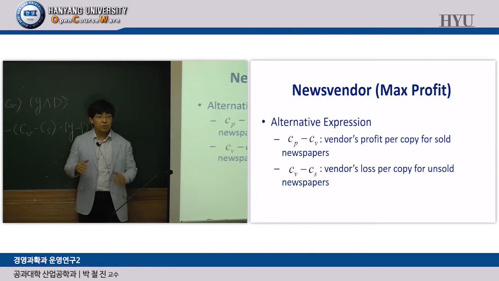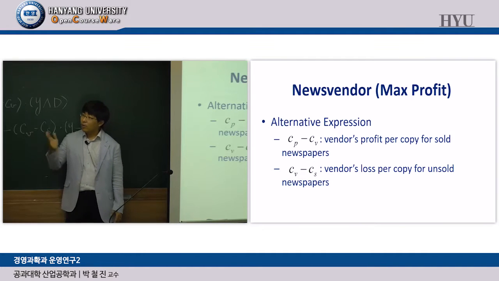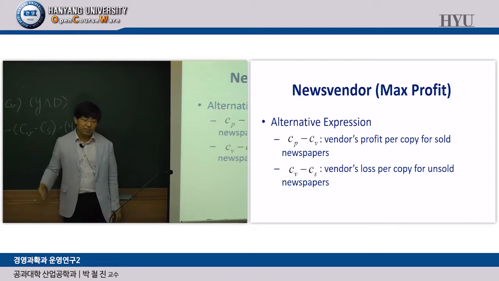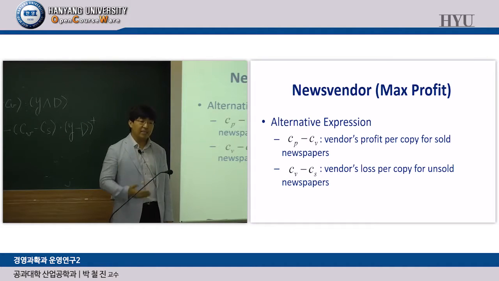You can check the result of the function when y is greater than or equal to large T and when y is less than large T. Then the results are the same. This one is a different form of the profit function when we consider the maximizing profit problem.